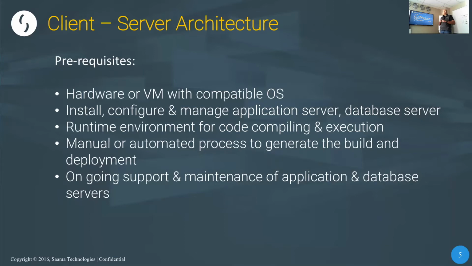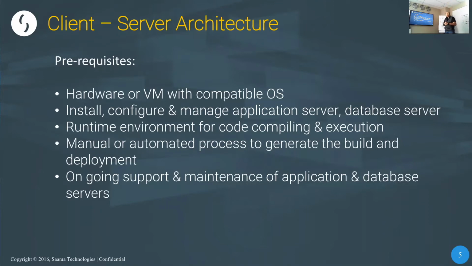You need a VM or hardware. You install, configure, and manage your application server. So it's a Java-based application, it can be Apache Tomcat, WebLogic, WebSphere, any Java container, right? Application container, gateway container is what you need to install, configure, and manage before you launch your application.